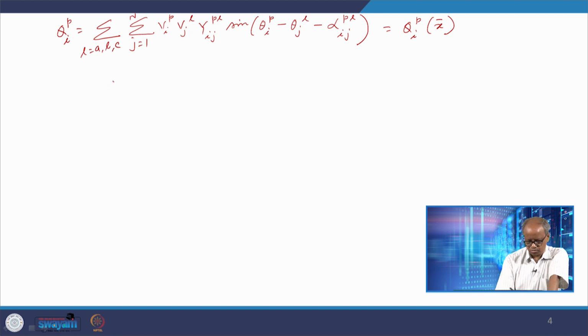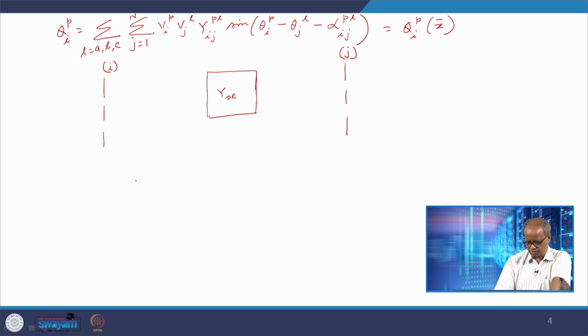I have got bus I, bus J, and this is being represented by a 3 cross 3 matrix. Let us say we call it Y series matrix, and this is also being represented by a Y shunt matrix.